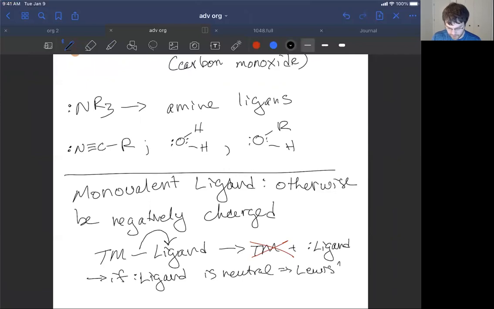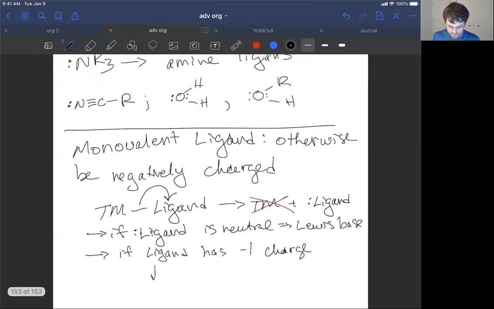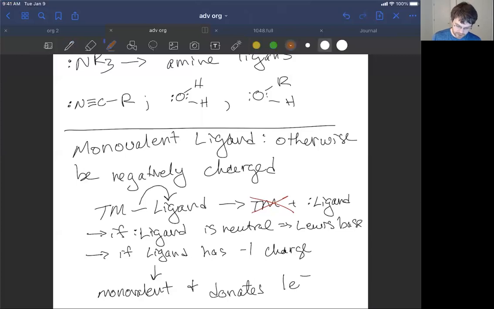And this is what we just went over. But if the ligand has a -1 charge, then it's monovalent and donates 1 electron. And this is what we went over in the case of the chlorine atom up above. Monovalent donates 1 electron.